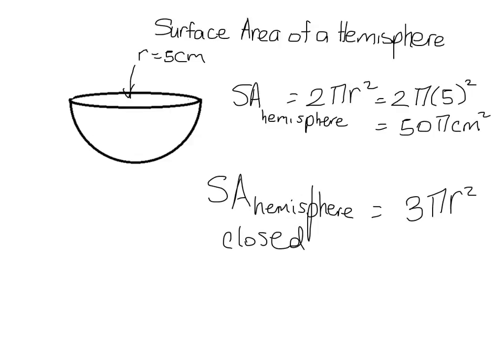And that's for the open. So that's if it doesn't have a top. Now if we close it and we put that third circle on top, we would have a surface area for our hemisphere as 3 pi 5 squared, which would just give us 75 pi centimeters squared.